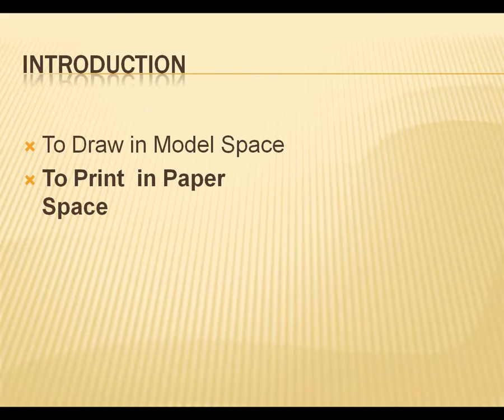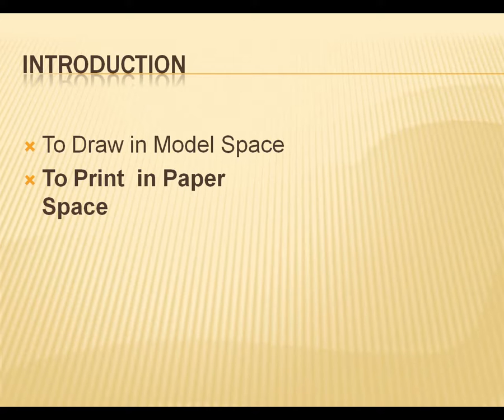In the introduction, I would like to highlight that in the two workspaces that you have in AutoCAD, in the model space mainly you draw, modify, create the dimensions and do the most important part of the drawing. And when you have to print is when you go into the paper space.